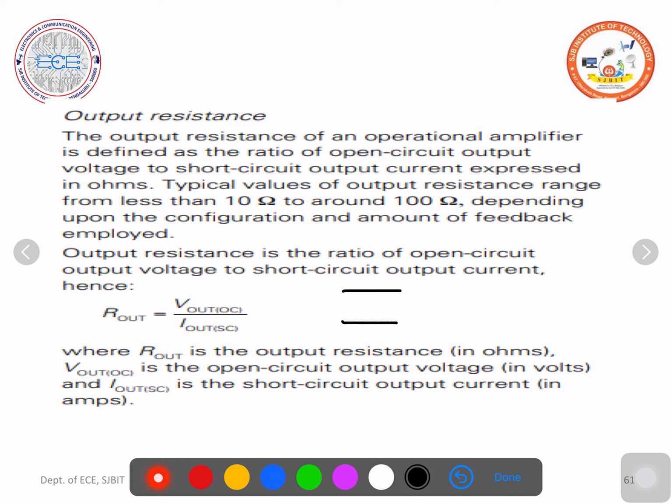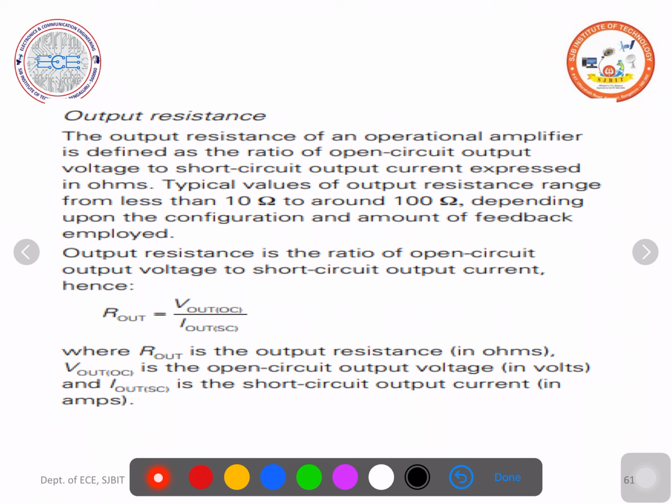Output resistance, once again very simple, Ohm's law, output voltage to the output current. But here we will take the open circuit output voltage to the short circuit output current. Current flows in a closed path, so here is a short circuit. Here we measure the output voltage. We open it and measure it.